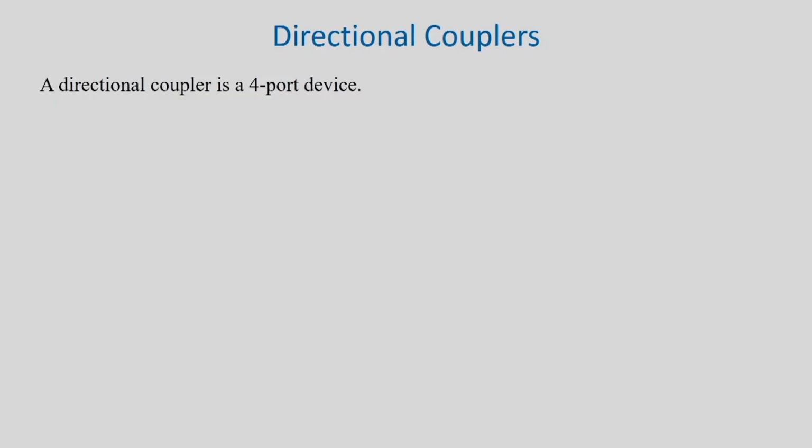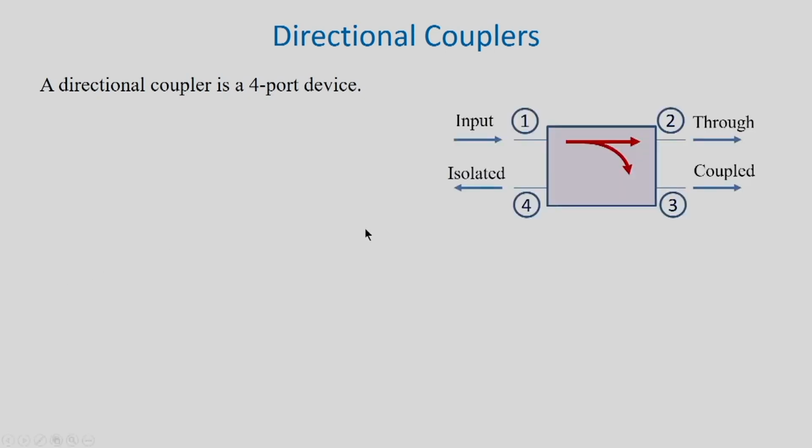Let us now consider another topic, the directional couplers. A directional coupler is a 4-port device. It has an input port, a through port, a coupled port and an isolated port.